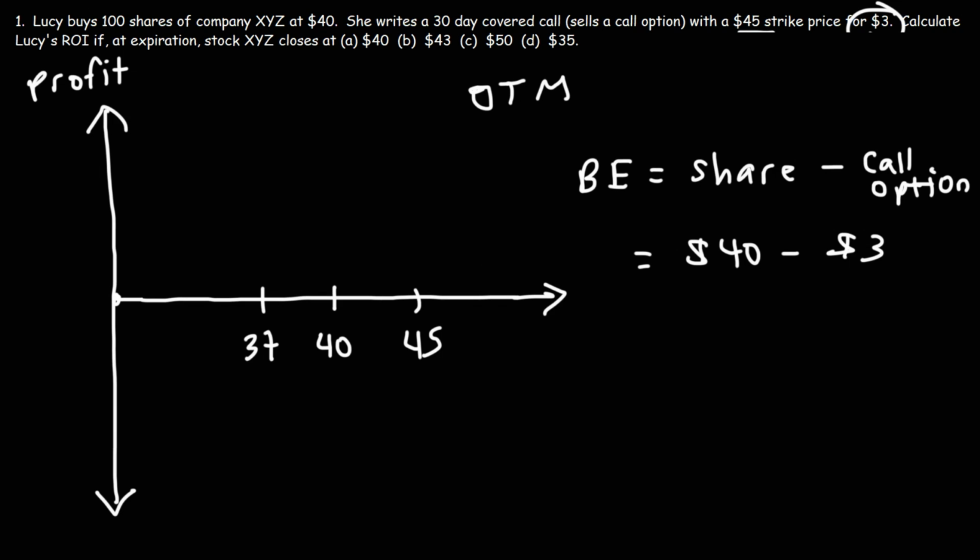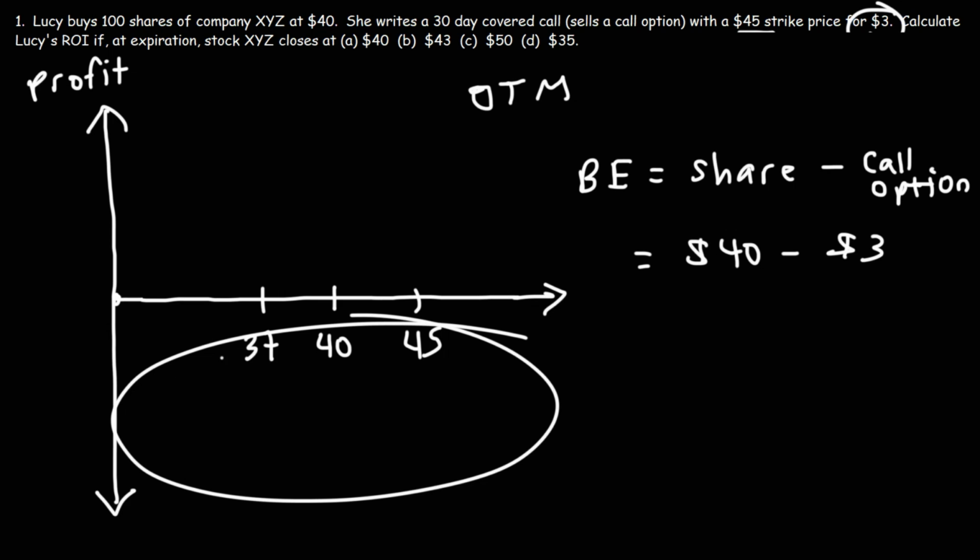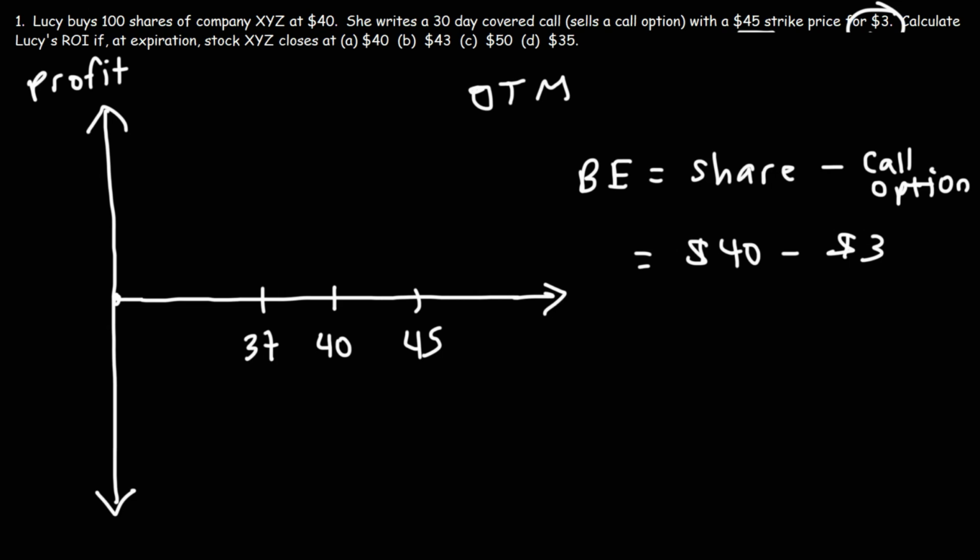On the x-axis, that's the break-even point, and below the x-axis, in this region, she's dealing with a loss in value. So it's profitable above the x-axis, or it's a loss below the x-axis. So that's the y-axis. It tells you the profitability of the trade depending on where the price of the stock closes. The x-axis is the stock price at expiration.